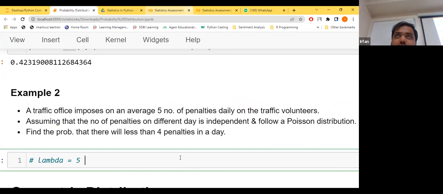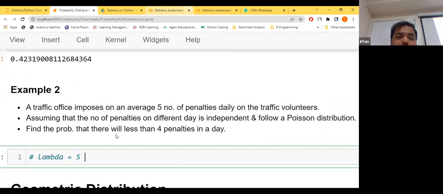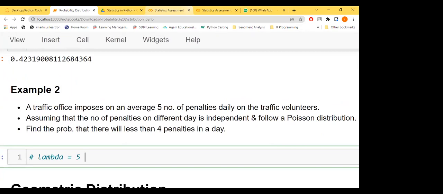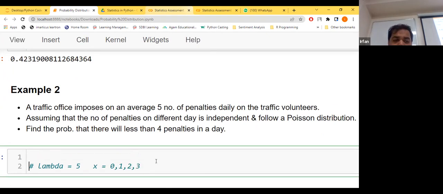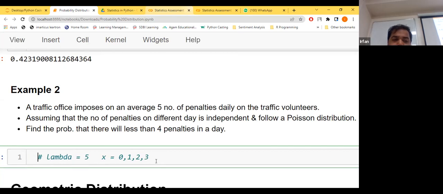Great. So do we have time frame, guys, over here? Yes. Time frame given indicates we have to use Poisson. What is the probability you have to find? Find the probability that there will be less than 4 penalties. Less than 4 means 0, 1, 2, 3. Now my question to you, Shantanu, should I use PMF or should I use CDF?